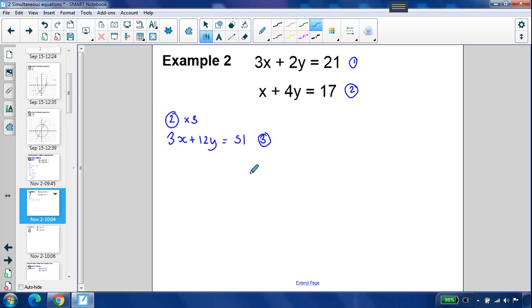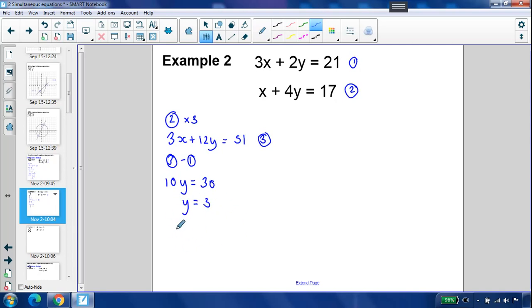Now I want to eliminate the x terms, and the way I can do that is by taking these equations. So if I do 3 take 1, I will get, well, these will cancel, then I'll have 10y is equal to 30. So y is going to be equal to 3.